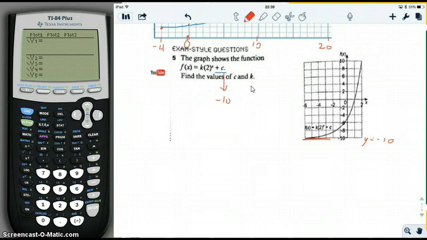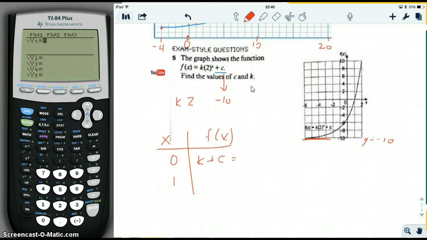Let's see. If we know that c is -10 already, let's try to find it using the point x equals 0. At x equals 0, we would have k plus c here.